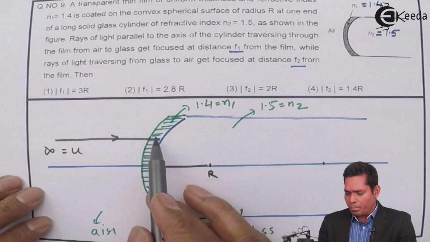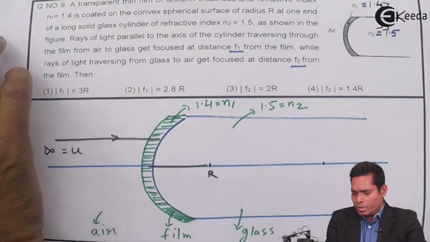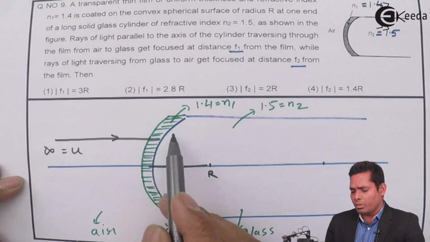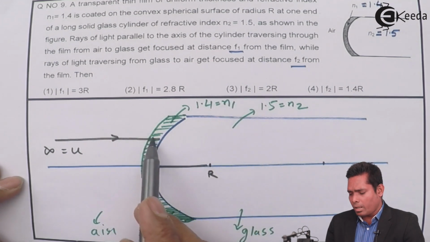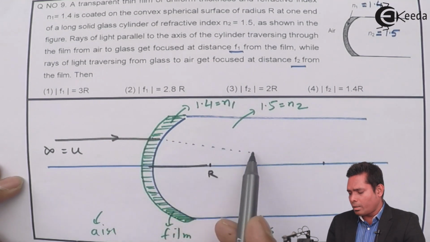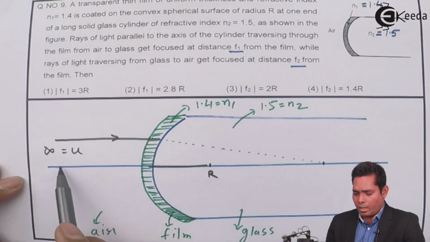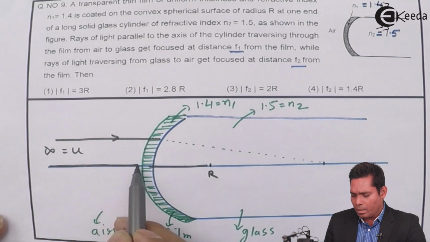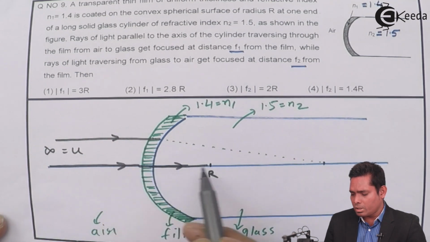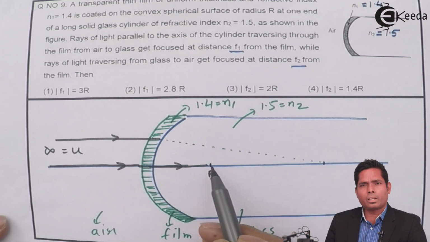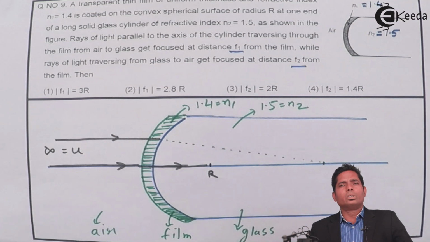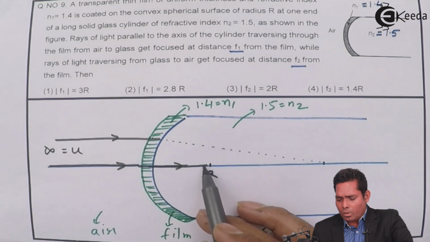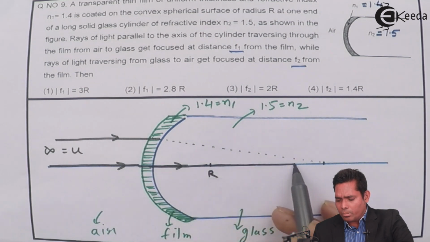So only in the presence of the thin film, if this is not there, the ray would have finally come to meet at this point, and one ray which is coming straight parallel must have gone straight, because this is the normal direction, and the ray is not going to change the direction in case of normal incidence, so it would have gone straight and met somewhere here.